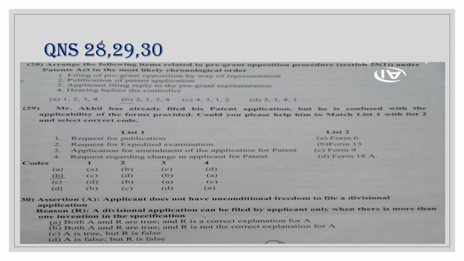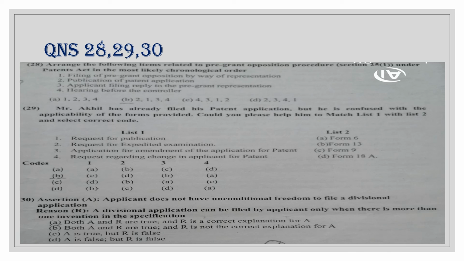So friends, we can see here that applicant does not have unconditional freedom to file a divisional application, we know, because there are some conditions. So assertion A is correct. The statement is correct. And the reason statement is a divisional application can be filed by applicant only, because you can see there is a condition. It can be filed by applicant only when there is more than one invention in the specification.